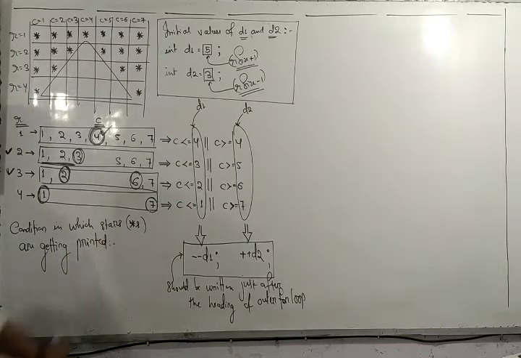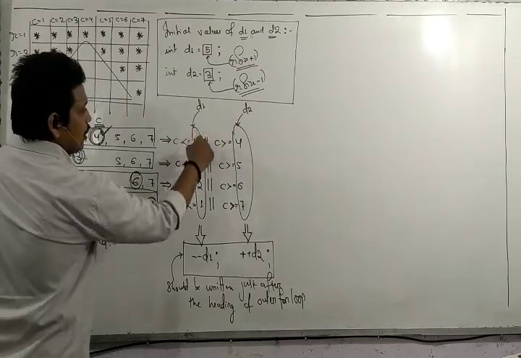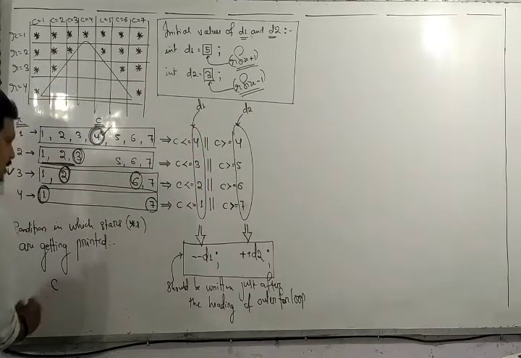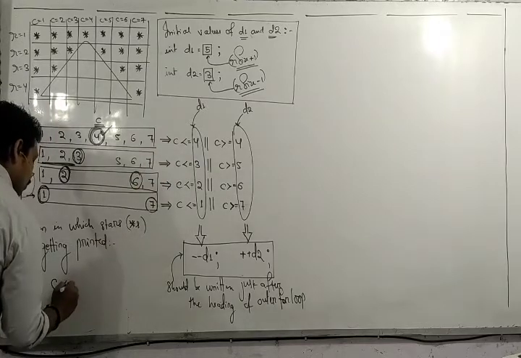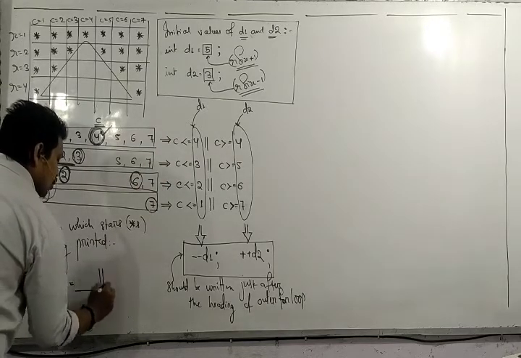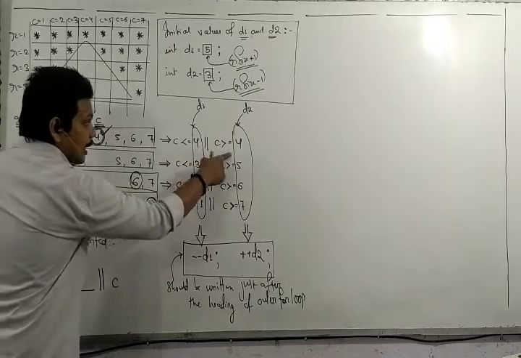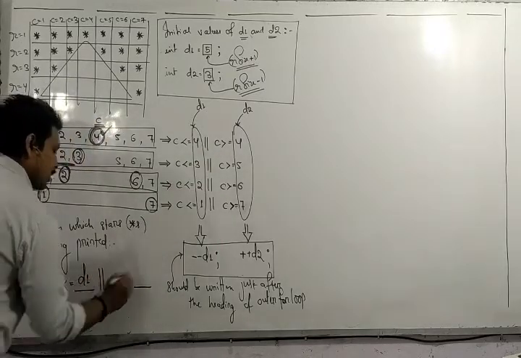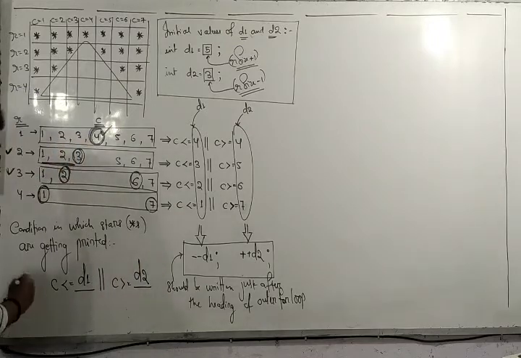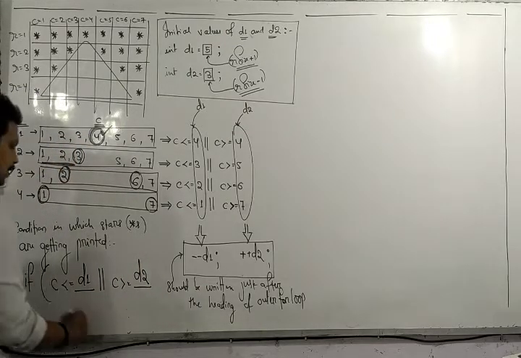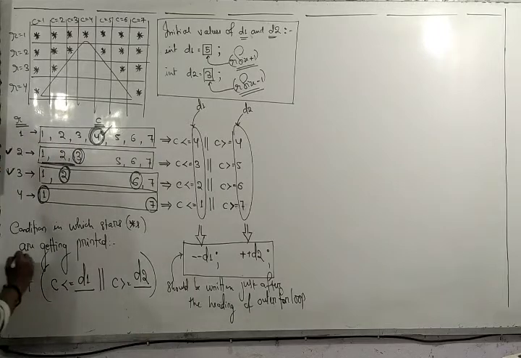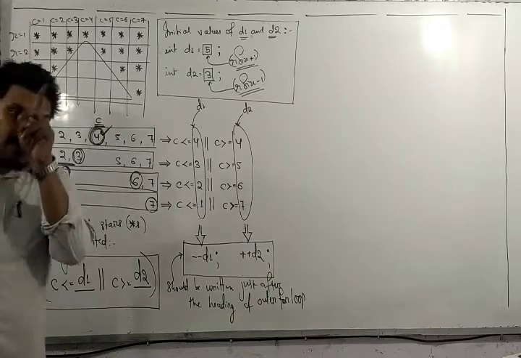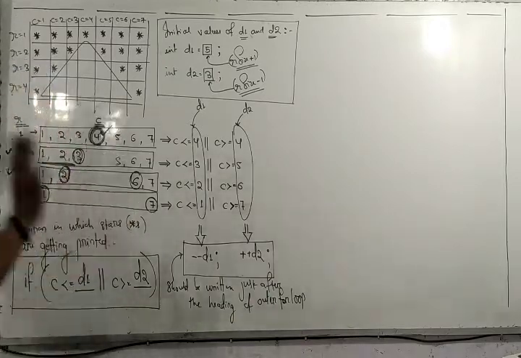The condition is c less than or equal to d1, logical or, c greater than or equal to d2. The condition is c less than or equal to something, logical or, c greater than or equal to something. So here I will write d1 and here I will write d2. So this is the condition in which stars are getting printed. Now our logic is ready.